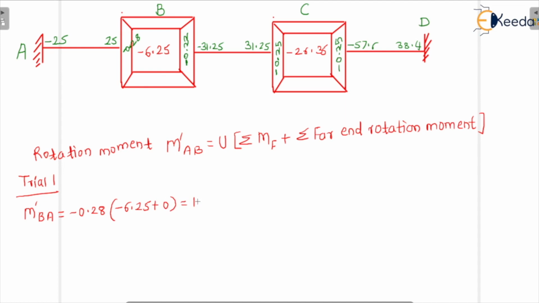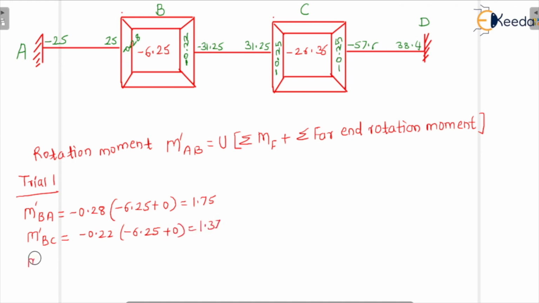So with this one we get the answer 1.75. So this is the value for m dash of BA. Now let us do it for m dash of BC. Minus 0.22 for BC now, into again this factor. So minus 6.25 plus 0 is equal to 1.37.